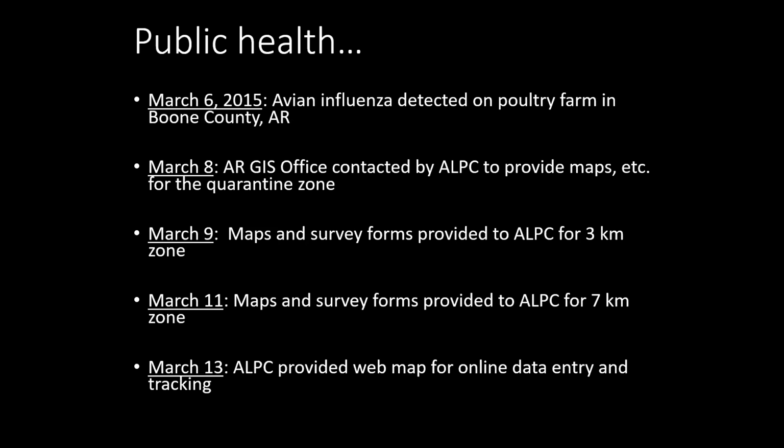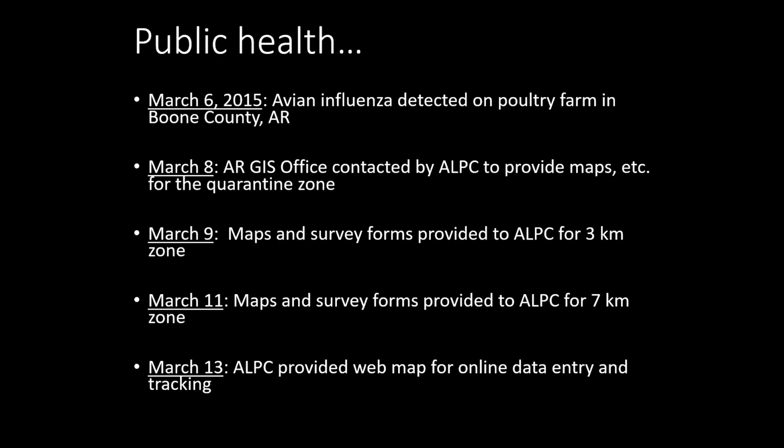Now, without going through each step, if you jump down to March 13th, our State Livestock and Poultry Commission contacted us, and over the course of a week, we were able to provide them a web application with online entry, because what their inspectors had to do was go into this area.